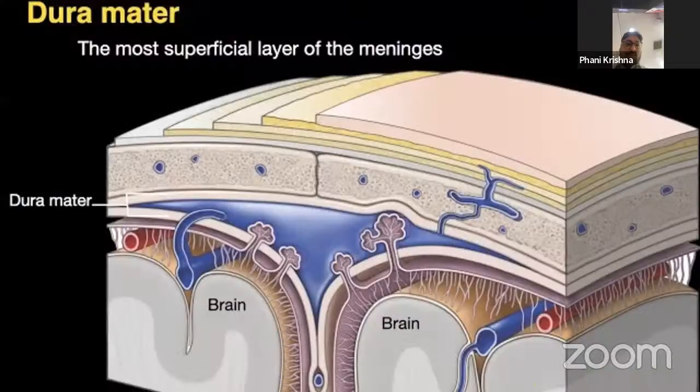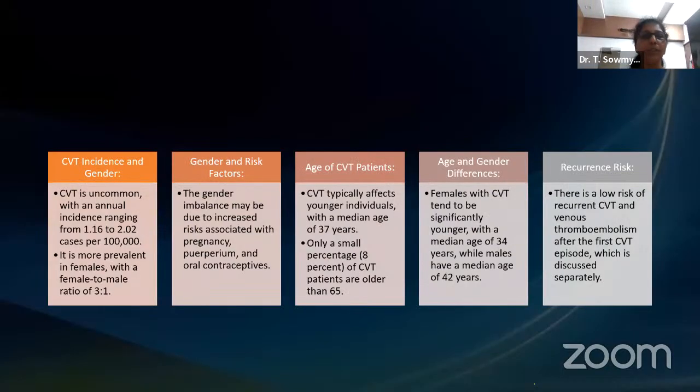Coming to the incidence of cortical vein thrombosis, it is uncommon, with an annual incidence of 1.16 to 2.2 cases per 1 lakh. It is more prevalent in females, with a female to male ratio of 3:1.